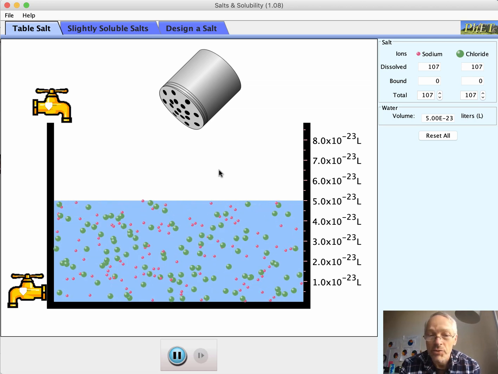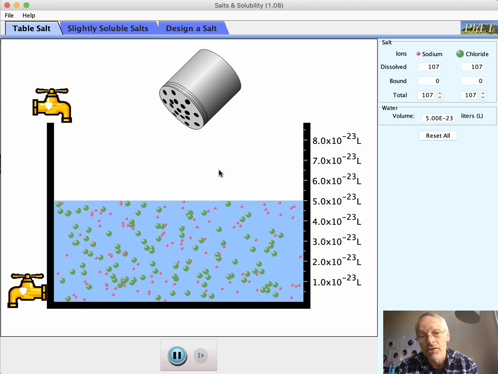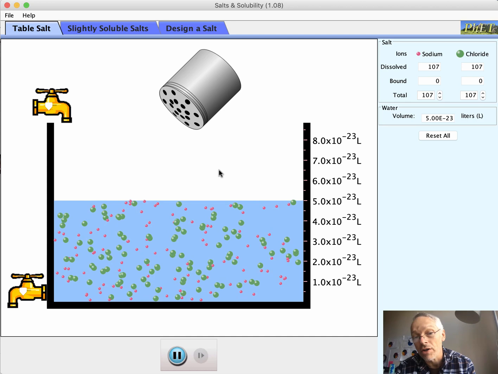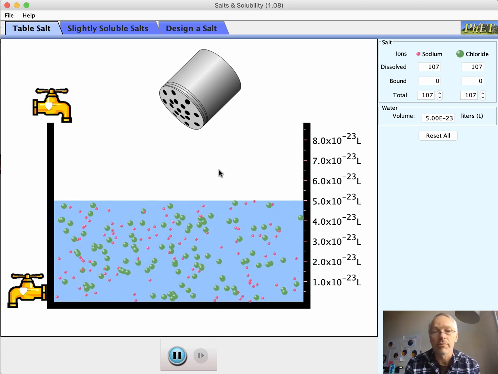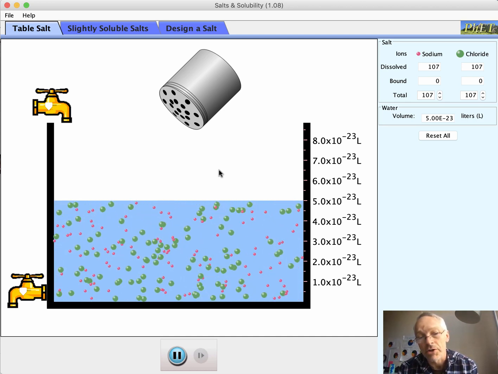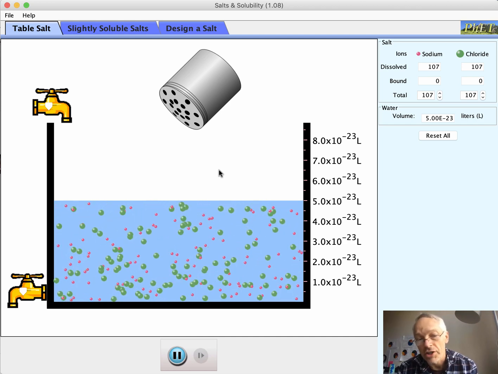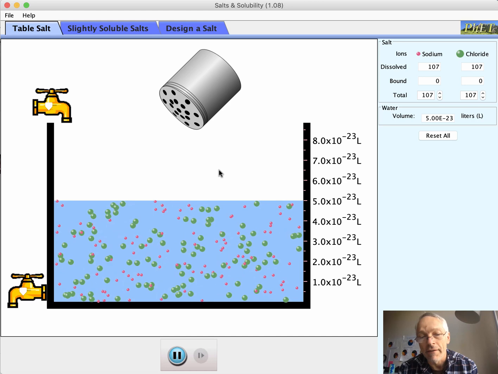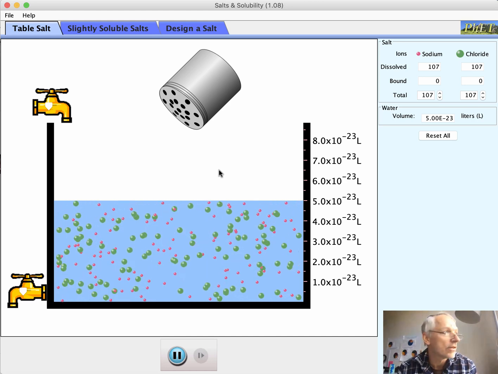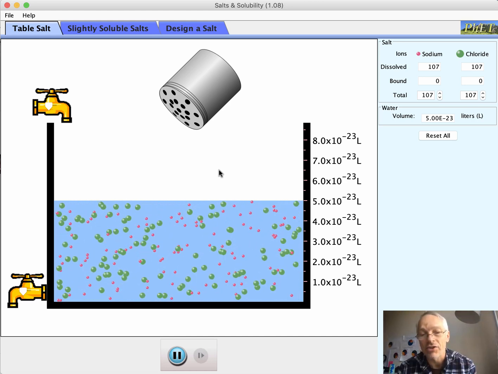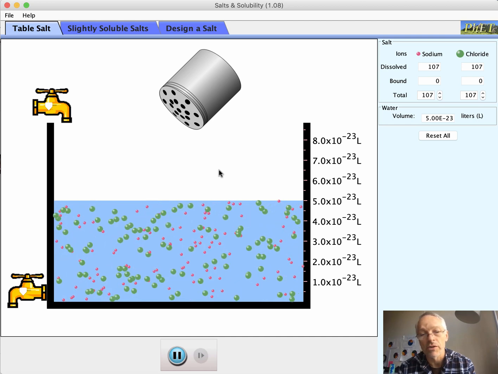The chloride ions with their negative charges are going to be strongly attracted to the hydrogen parts of water molecules because those hydrogens are partially positive. And those positively charged sodium ions are going to be very strongly attracted to the partially negative oxygen parts of water molecules.